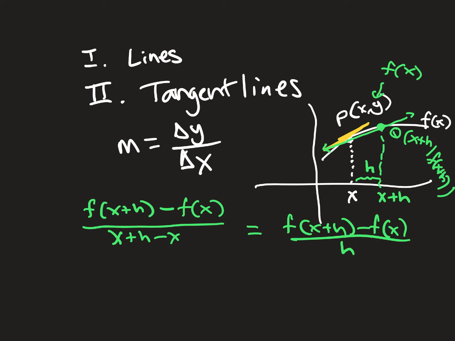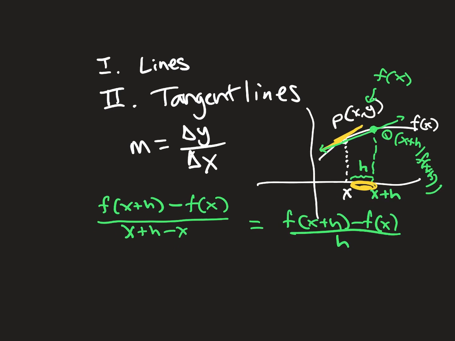But to find the actual derivative, which is the slope of this tangent line, that would be when these 2 points get as close as possible together. In other words, the distance between P and Q is tending towards 0, because the closer Q gets to P, the more closely I approximate the tangent line and hence can find its slope.